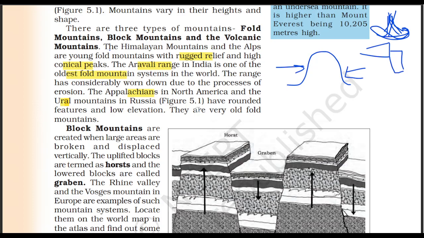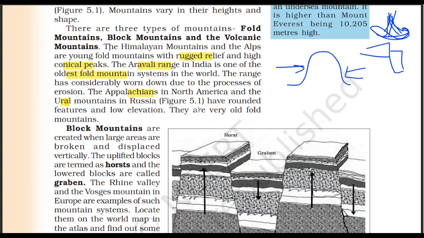The same process applies here. Those mountains which were formed early and are now being eroded are called old fold mountains, or those mountains which are formed in the Tertiary, meaning recent period of time, called the Tertiary period, are called young fold mountains.